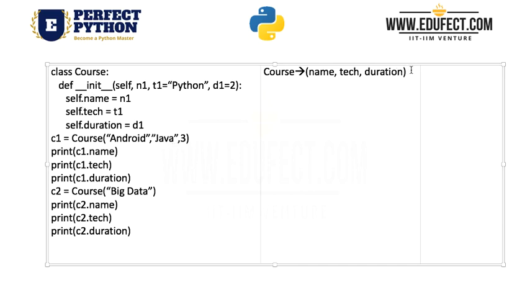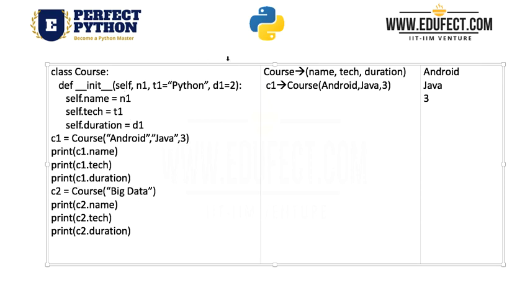So for C1, if we draw the object, C1 is an object of type course, and its values are Android Java 3. So that is how it will get initialized. So name will get Android, tech will get Java, and duration will get 3. Then when we print C1.name, what will get printed is Android, C1.tech would be Java, and C1.duration would be 3.